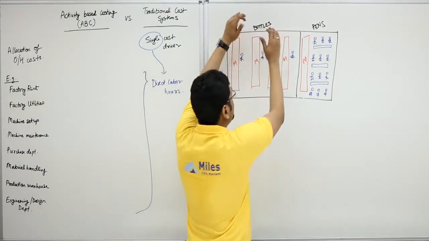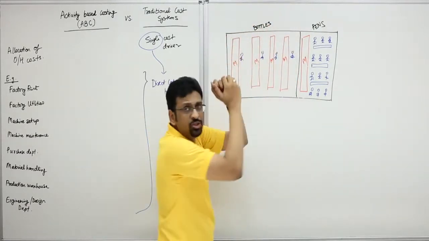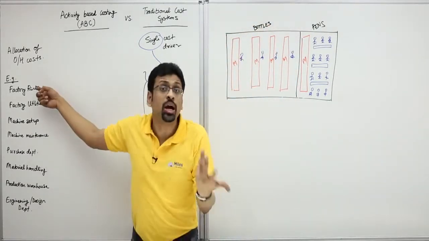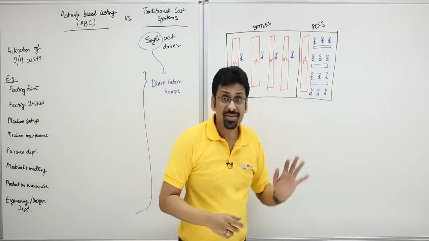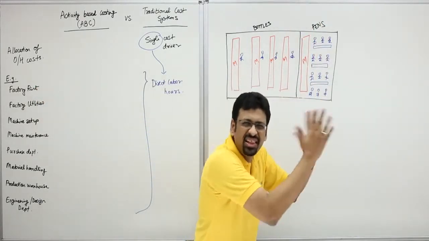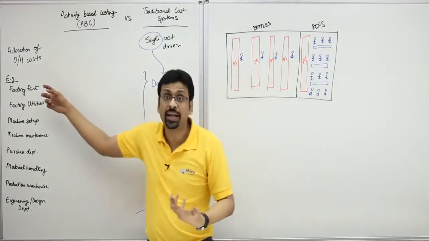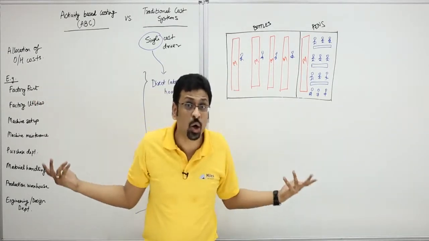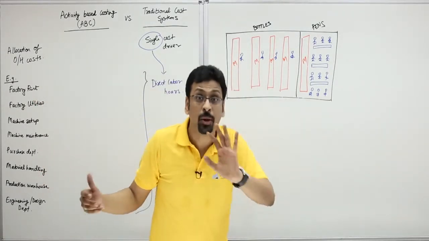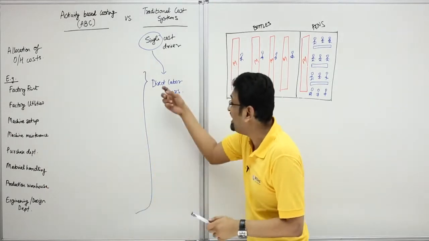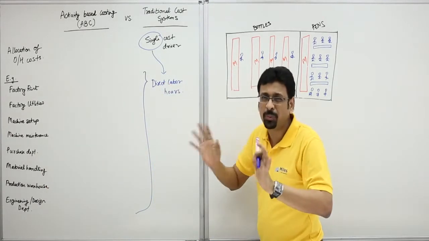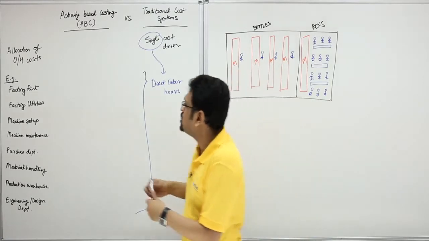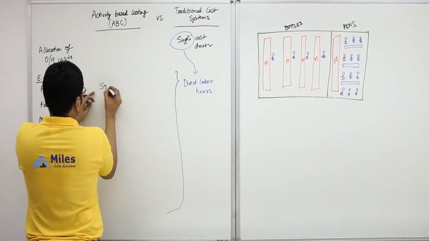So let's say the bottles unit is using 2/3 of the space. So they're going to be getting 2/3 of the factory rent. Pens, they're using 1/3 of the space, little space there. So they're going to be getting 1/3 of the factory rent. That sounds fair and reasonable, more appropriate. So instead of using direct labor hours, that's not an appropriate cost driver here. We'll use square footage of facilities.